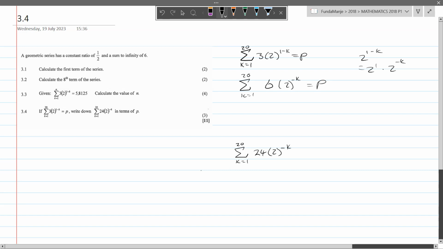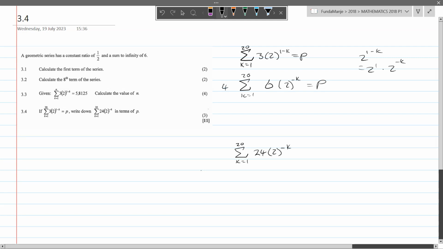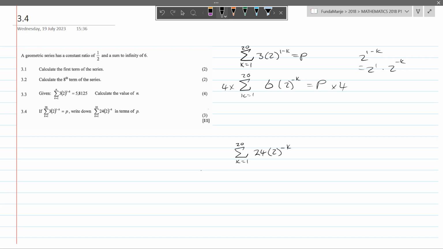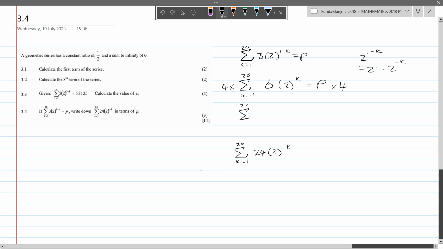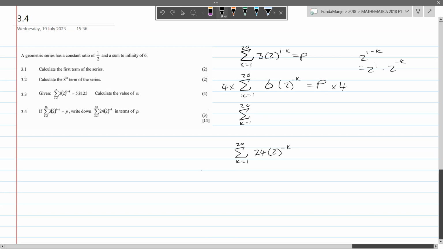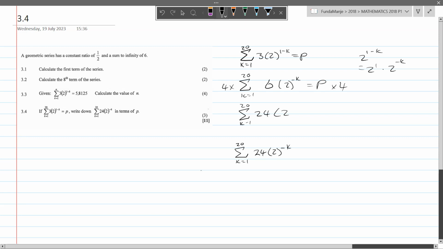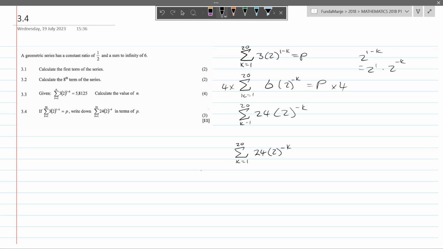And we see that if I multiply both sides by 4, so multiply this by 4 and this by 4, then I have 4 multiplying this constant over here, since we are allowed to multiply numbers that are outside the sigma notation. 4 multiplied by 6 will give us 24, and then 2 to the minus k.